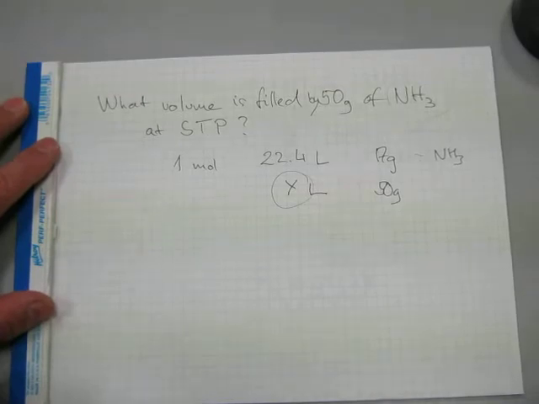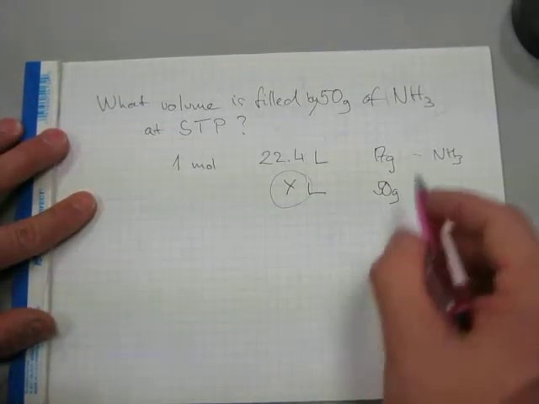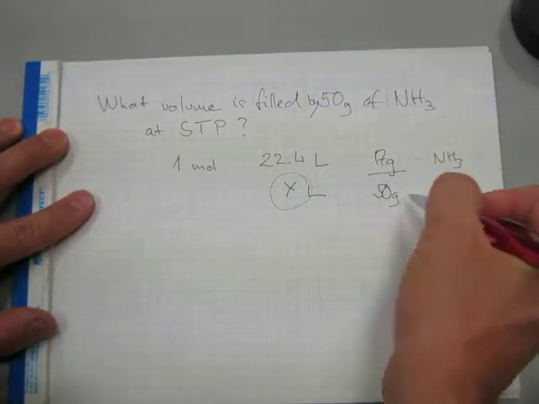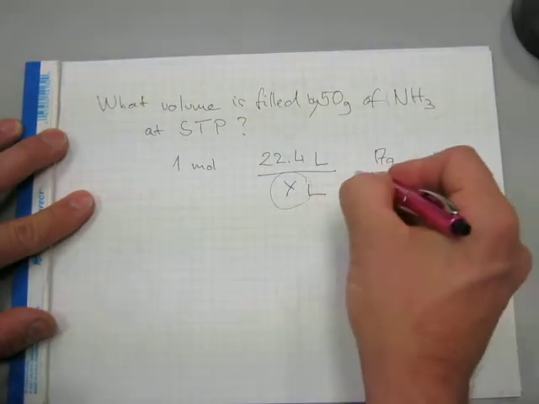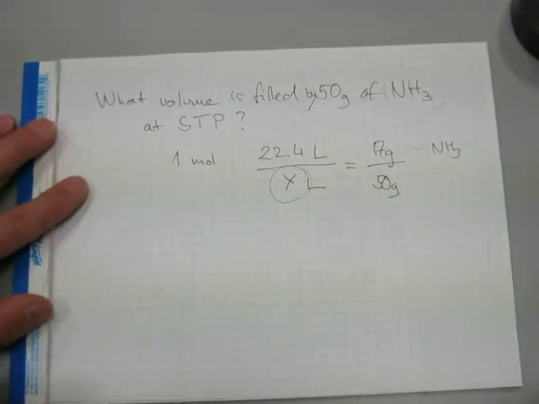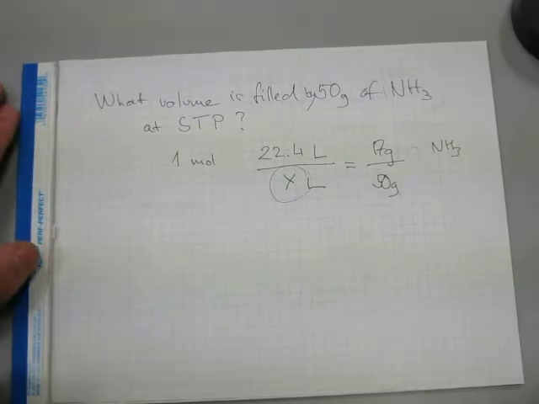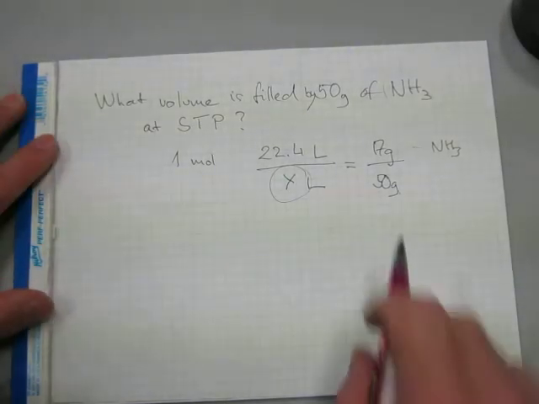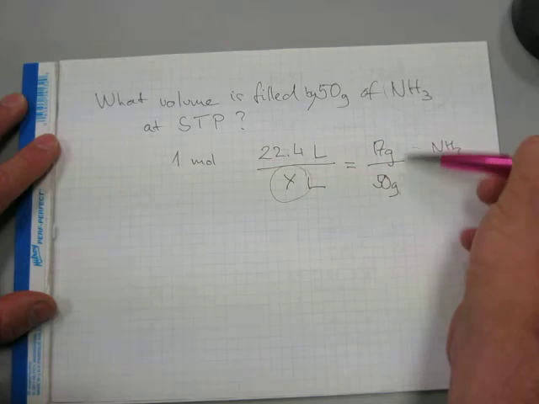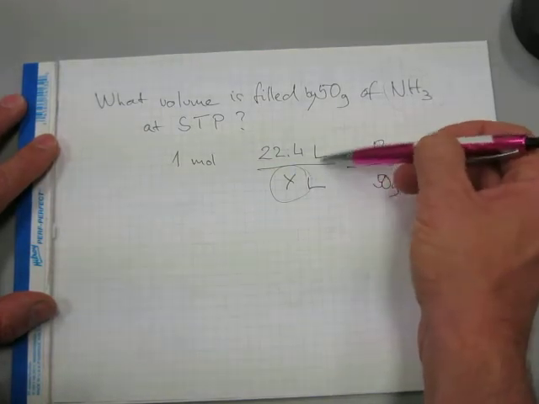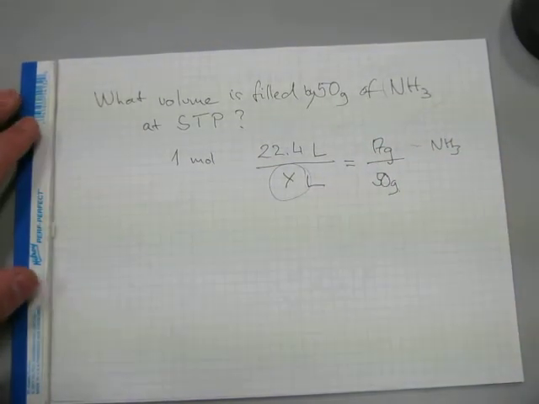And this is pretty much how we can calculate it. 17 is proportionate to 50, and the 22.4 is also proportionate to 50. This is a direct proportion. The more gas you have here, the greater volume it will fill here. It is a direct proportion.